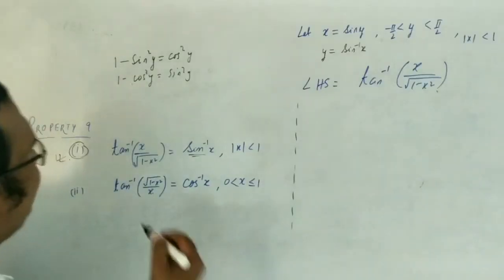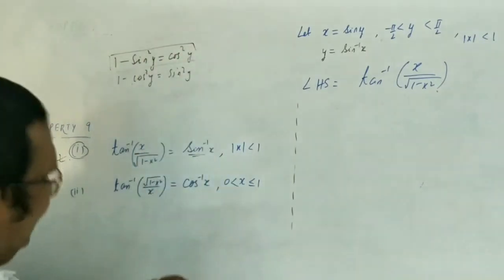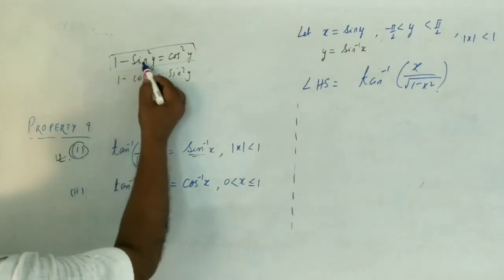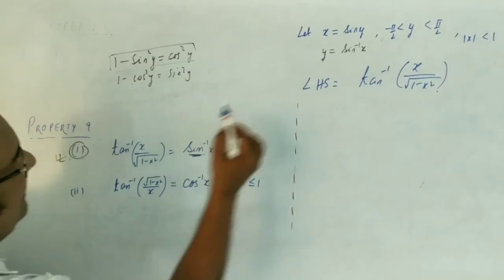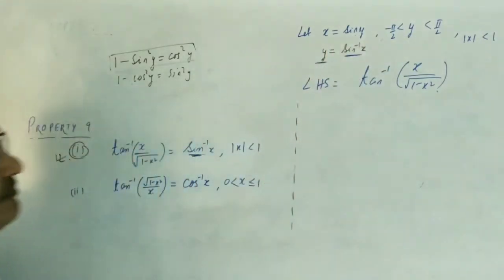You will find here, we know that 1 minus sin square y is equal to cos square y. 1 minus x square form. But here I have to prove sin inverse x. So I will take x is equal to sin y, because sin inverse x is equal to y.